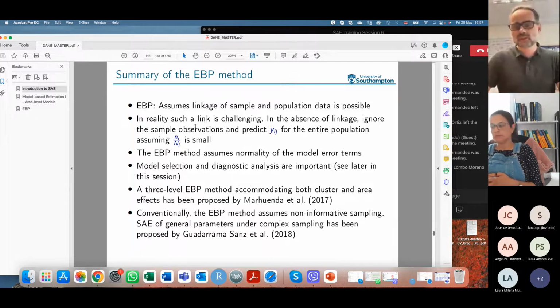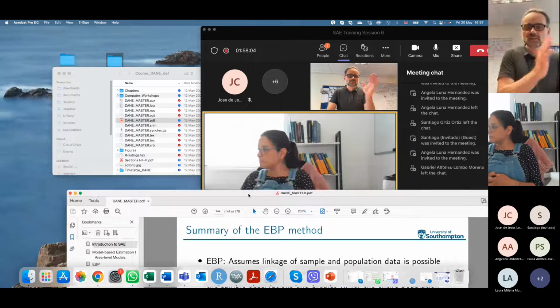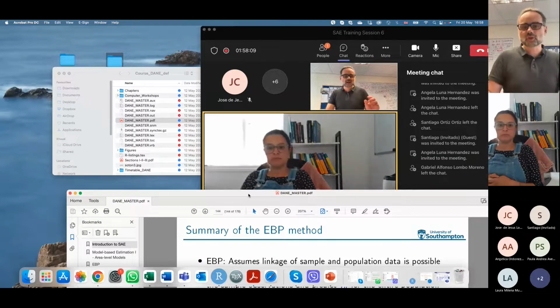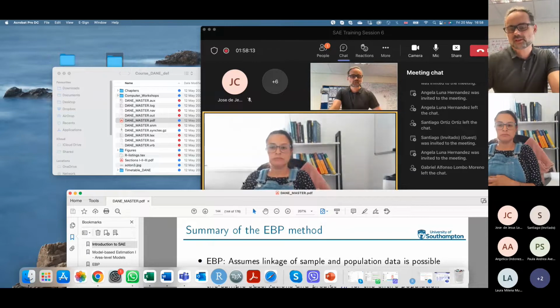That assumes the ratio between the sample size in the area and the population size in the area is small, so the direct part doesn't matter and I don't need to link. I simulate the entire population of Ys under the model. Does this answer the question, Angela?